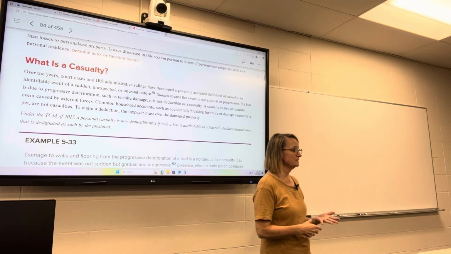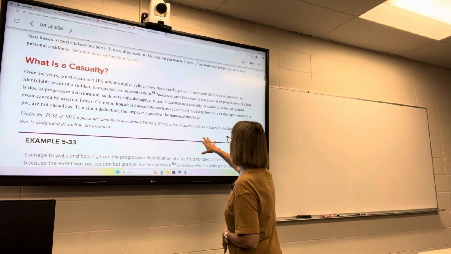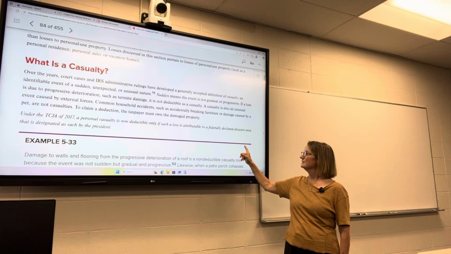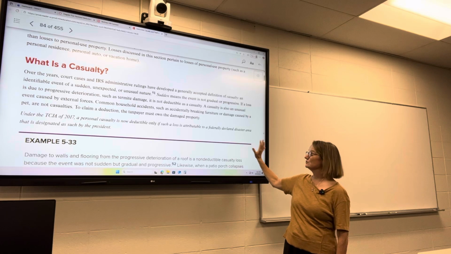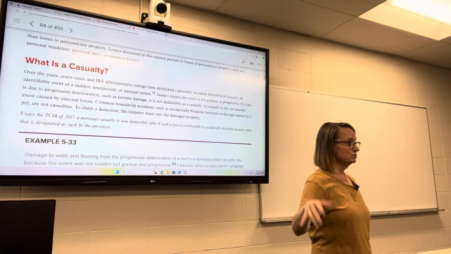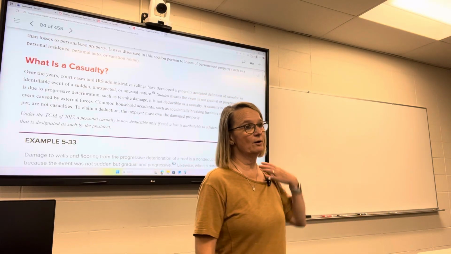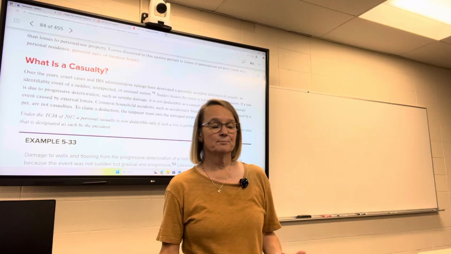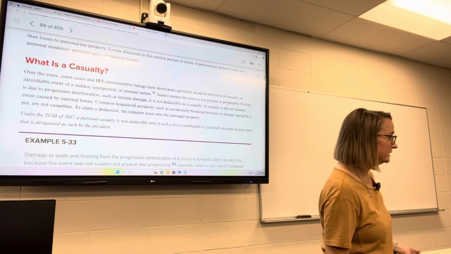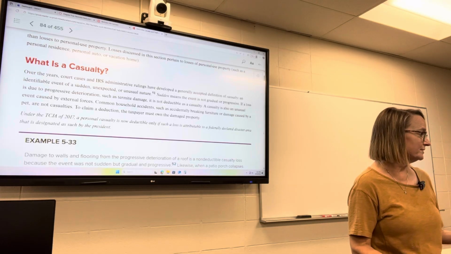But first, you have to determine if they even count as a casualty loss under the tax code. It's only deductible if that loss is attributed to a federally declared disaster. So if you have a fire at your house, but it was caused by a gas leak that occurred in the neighborhood, there's no federally declared disaster associated with that.